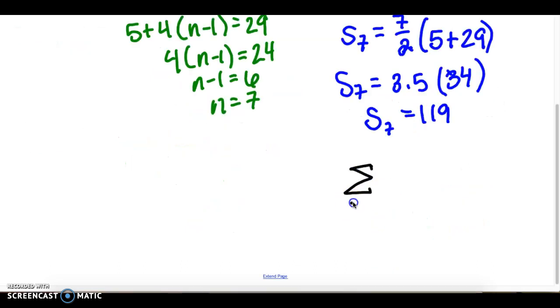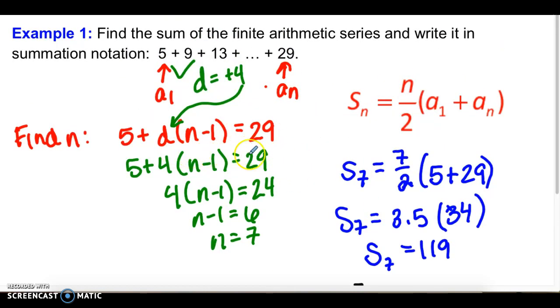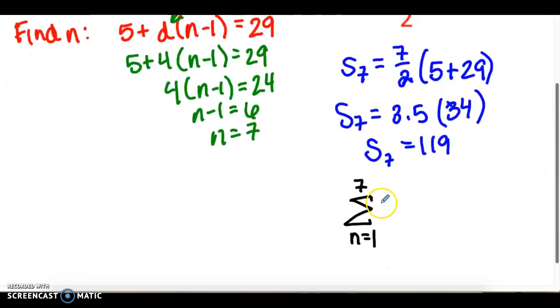To write that in summation notation, we use the sum from n equals 1 to 7, and then we write our explicit formula, which we can get from up here: 5 plus 4 times n minus 1.